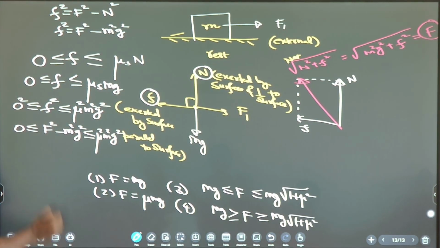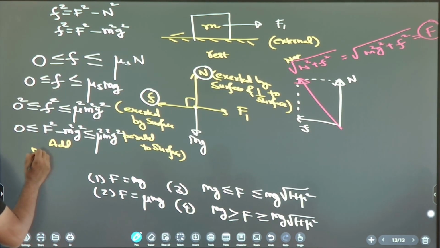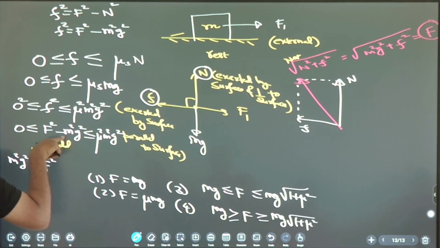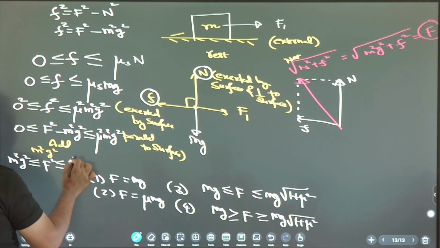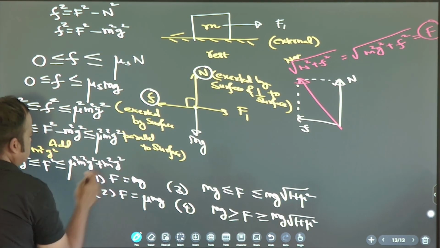Add m square g square, right? Add m square g square on all the terms. So what you get? m square g square less than equal to F square, then minus m square g square plus m square g square cancel, less than equal to mu square m square g square plus m square g square.